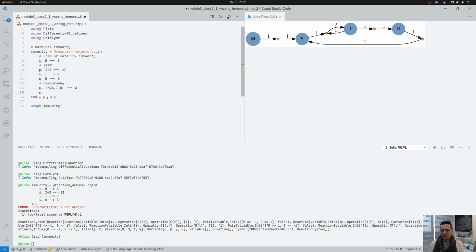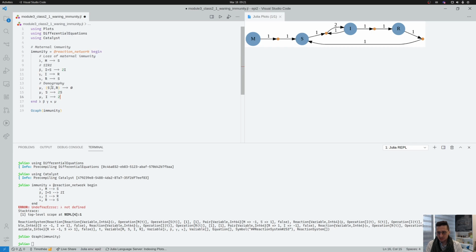There are a few hypotheses we're making here. Let's assume that the M compartment has no demography for now, and we'll see where we end up with that. An S individual can become 2S, that is reproduction. What do we have next?